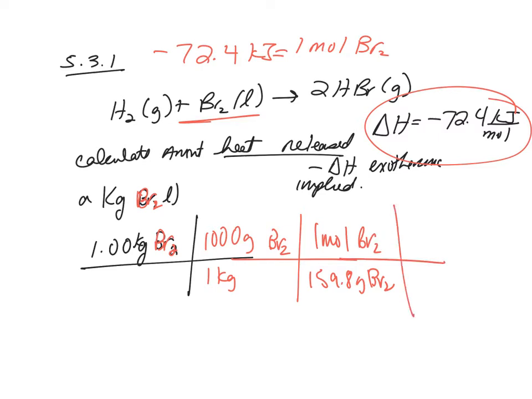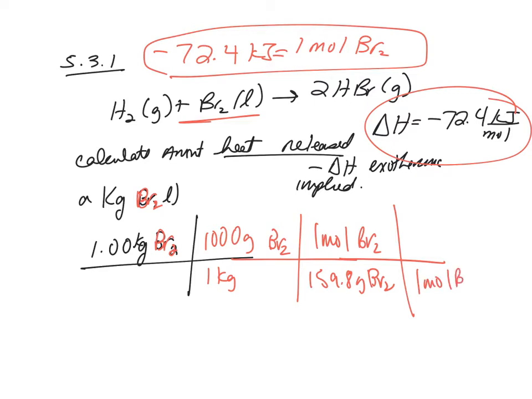And now I can use this conversion factor: for 1 mole of bromine, 72.4 kilojoules is released. And so 1 times 1,000 divided by 159.8 times 72.4.